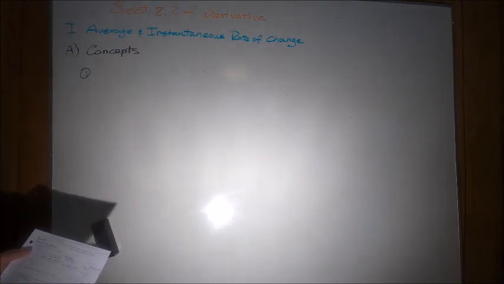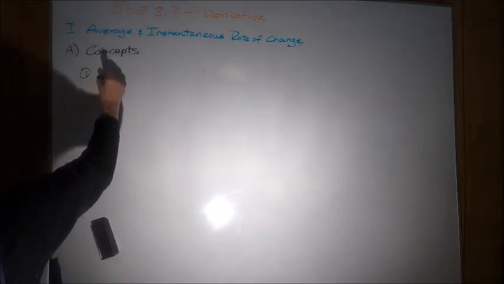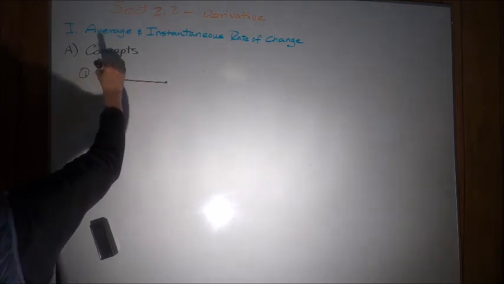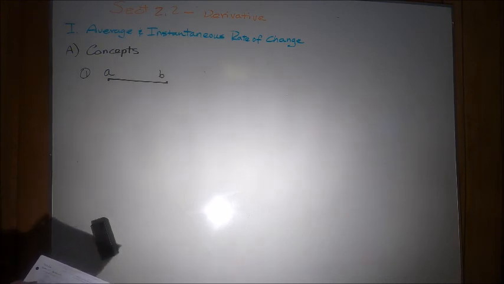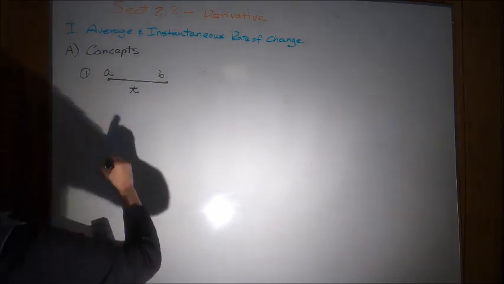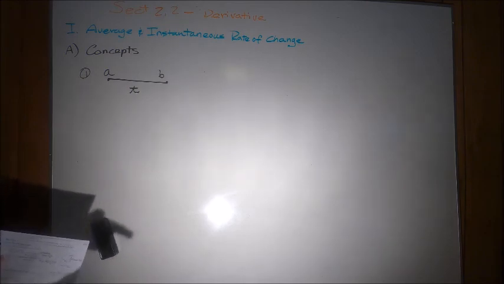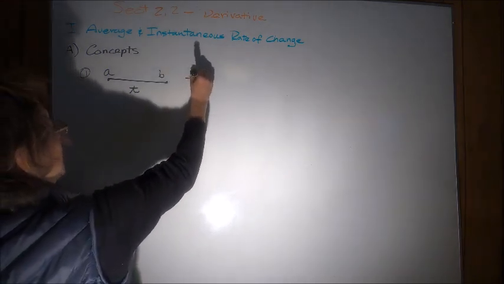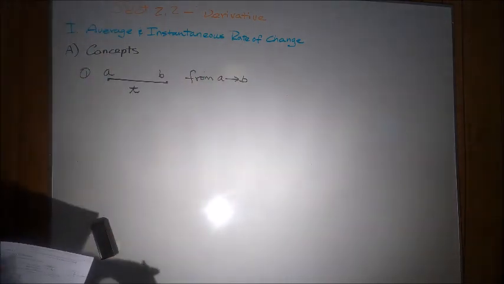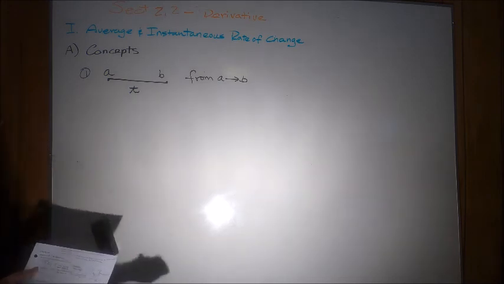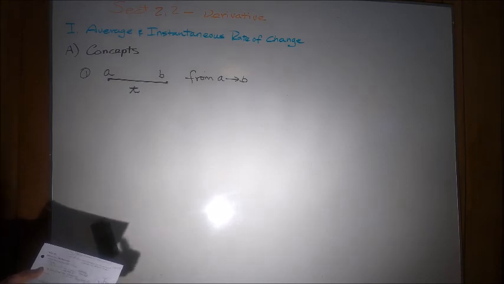So for average, if you travel from point A to point B, and take some amount of time, say time T, then what you have is the distance from point A to B, and you divide it by time. That would be your average speed, right?